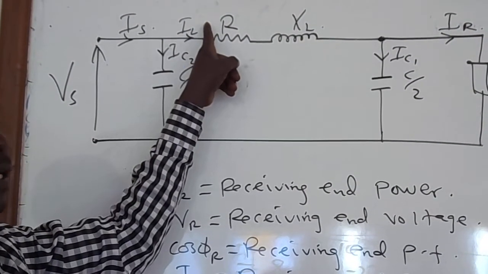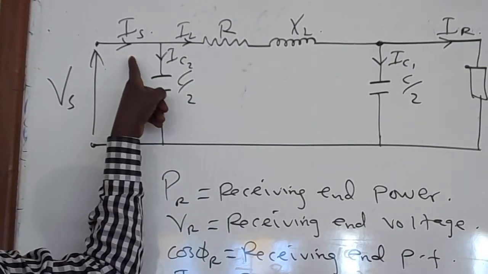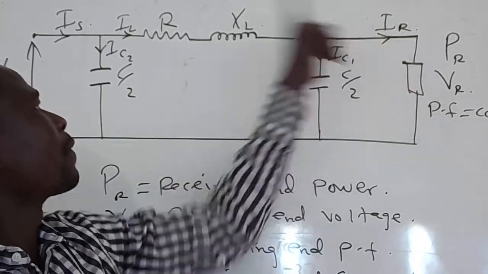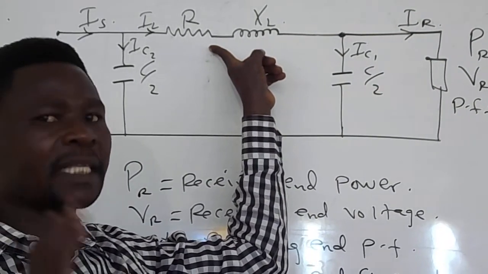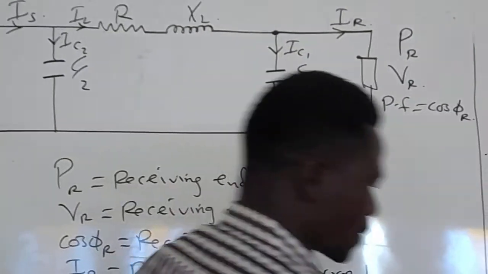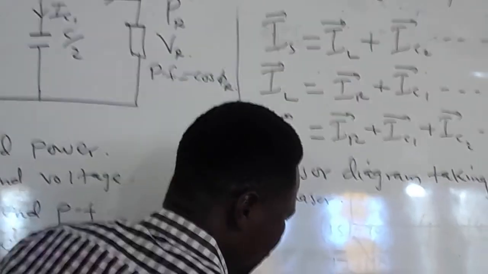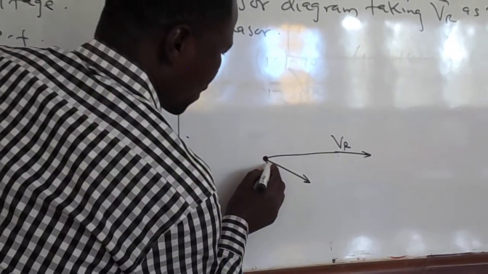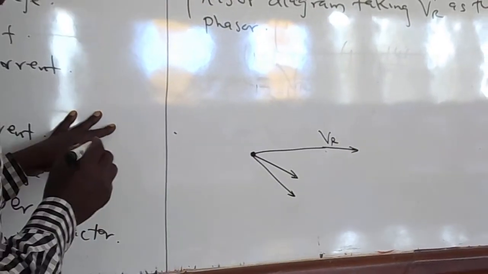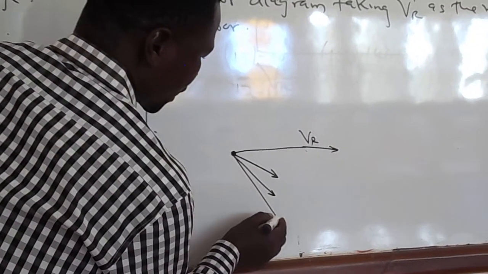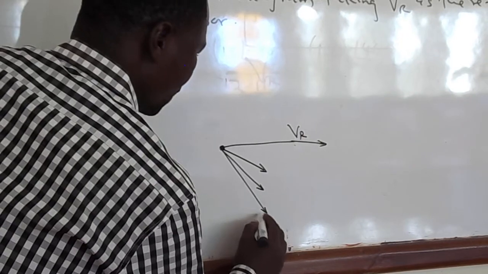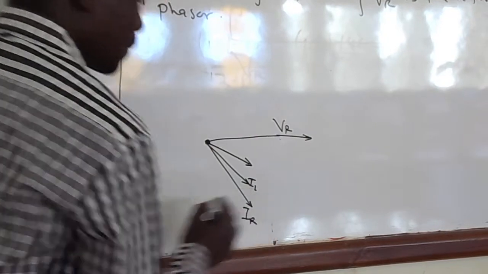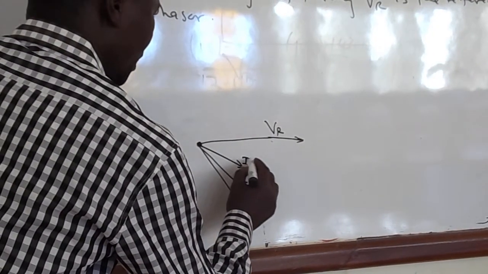So the line current is lagging behind the sending end current, and the receiving end current also lags behind the line current. So we have three major currents: the sending end current, the line current, and the receiving end current. So this is the receiving end current, this one is the line current, and we also have the sending end current.